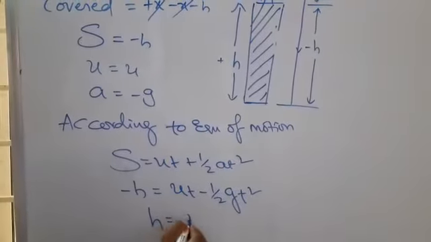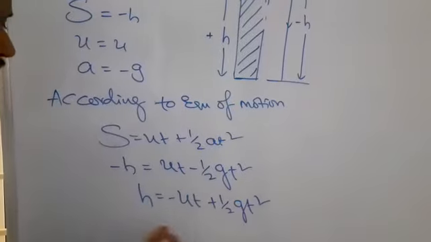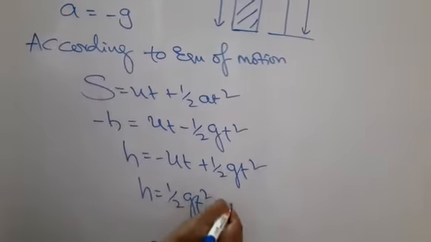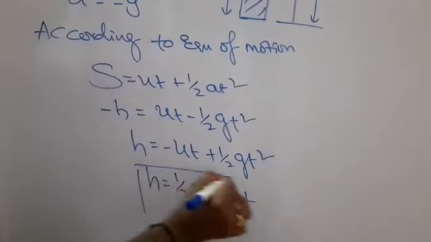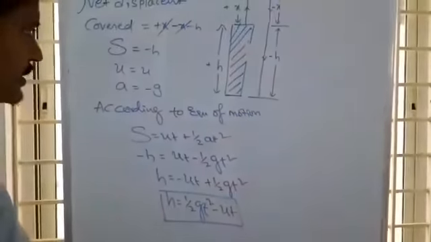So h is equal to half gt square minus ut. This is the tower height expression.